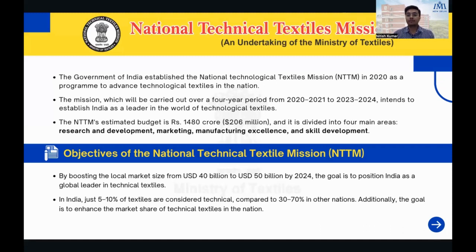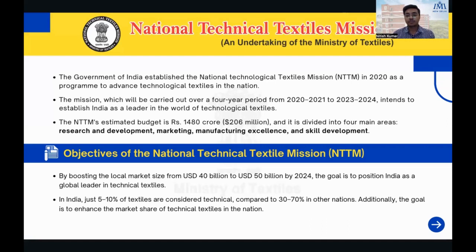Currently, only 5% of textiles in India are considered technical, while other countries have much higher percentages, ranging from 30 to 70%. This aims to enhance the market share of technical textiles in India.